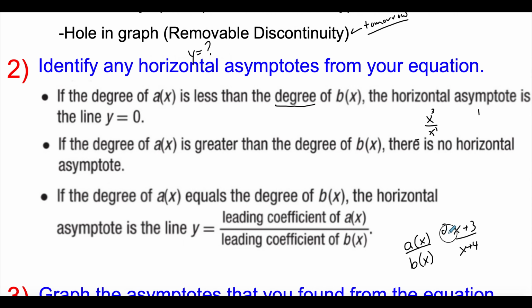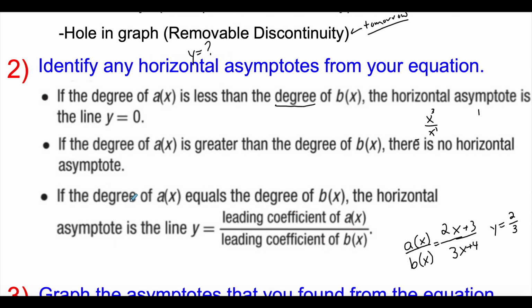If I had something like this, where it was 2x plus 3 over 3x plus 4, then my y asymptote would be at y equals 2/3. Okay, and then I would have to draw a horizontal line at 2/3, and my range restriction would be y cannot be 2/3.